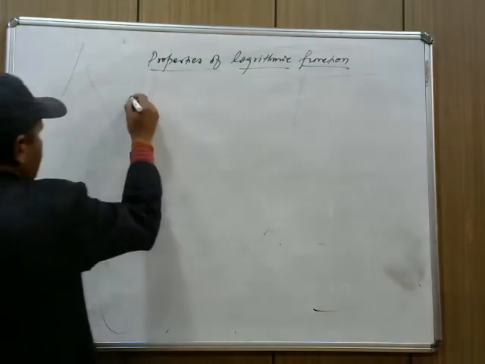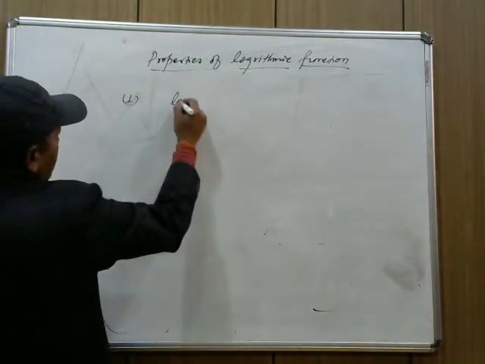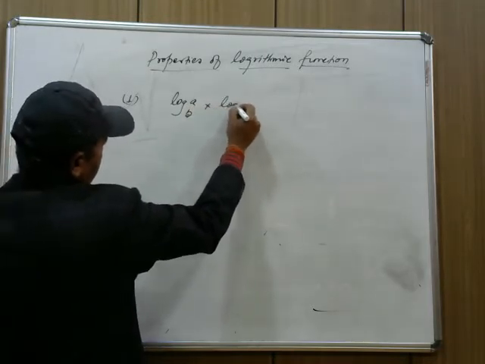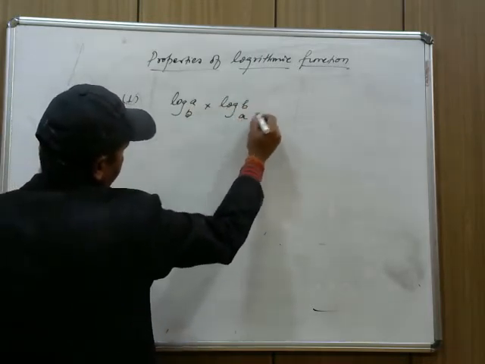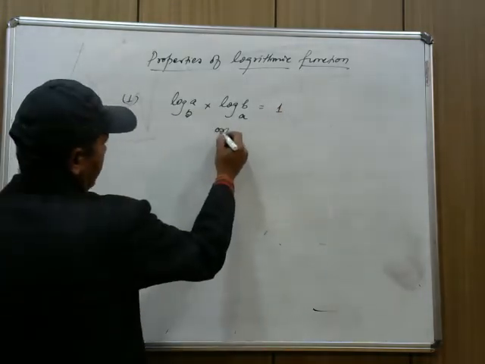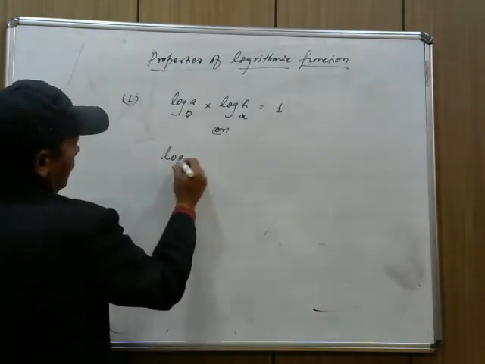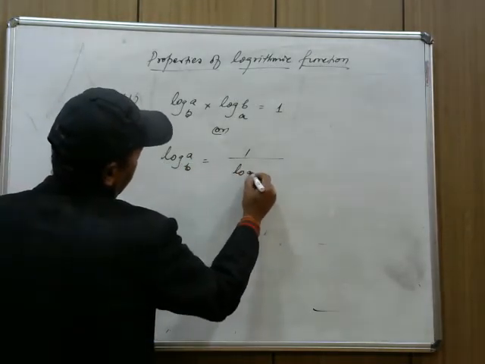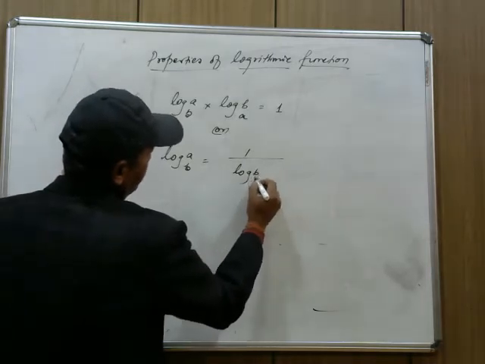First of all, log of a to the base b into log of b to the base a is equal to 1, or it can be written as log of a to the base b is equal to 1 upon log of b to the base a.